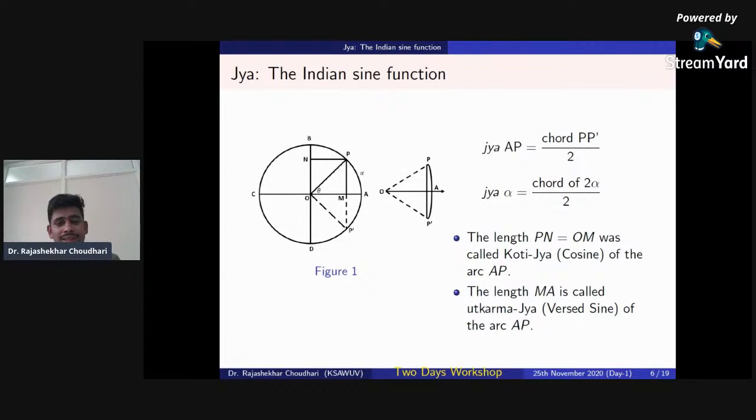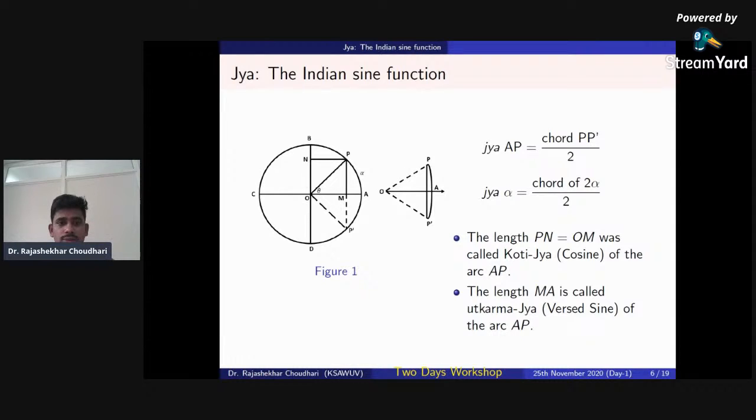So OA minus OM gives the versed sine function. As I said, PM is a sine function, NP equal to OM is a cosine function, and MA is the versed sine function.